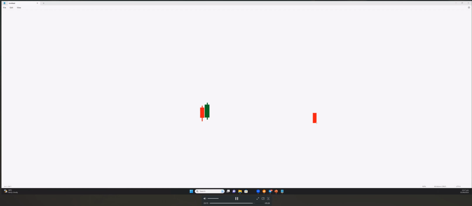But in the second setup, the red candlestick has a smaller wick and the green candlestick has a bigger wick, right? It is very important. See, it's a bigger wick. And sometimes we will find that the sellers have a smaller point and the buyers have a bigger point, right?